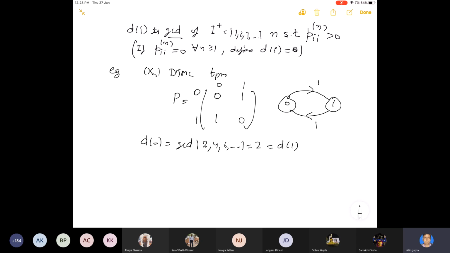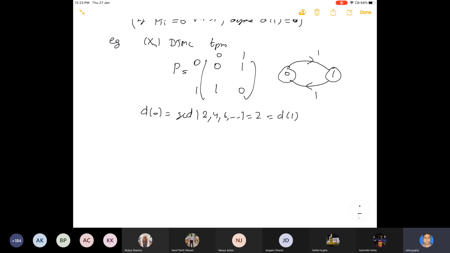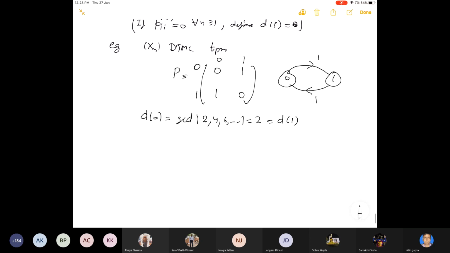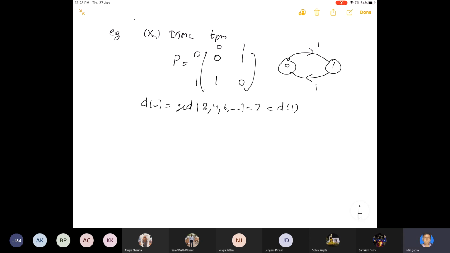Now, some examples you are asking where the period is 0. So I can define the states like this: -2, -1, 0, 1, 2.